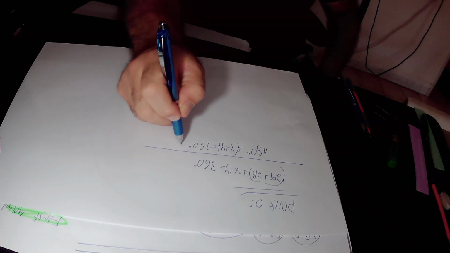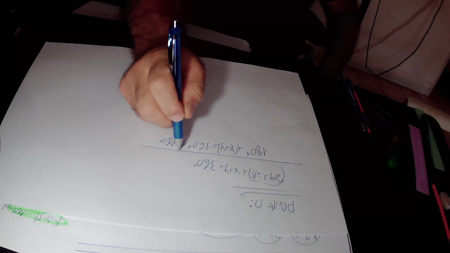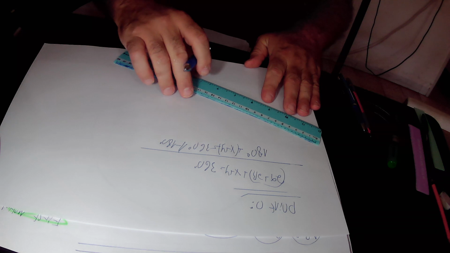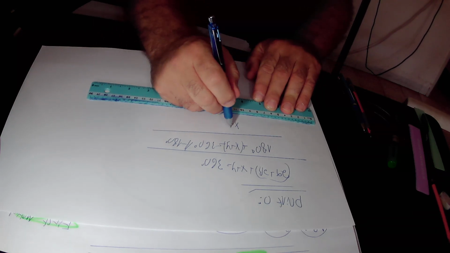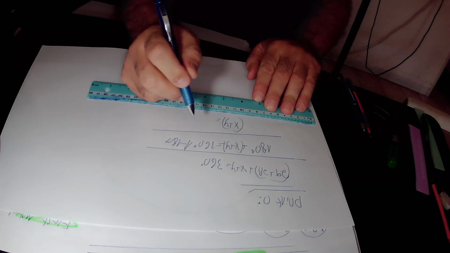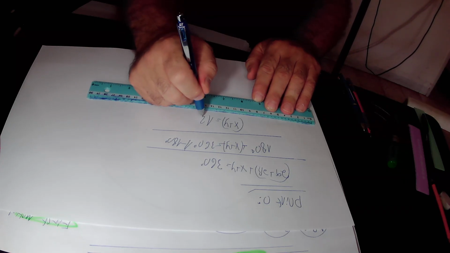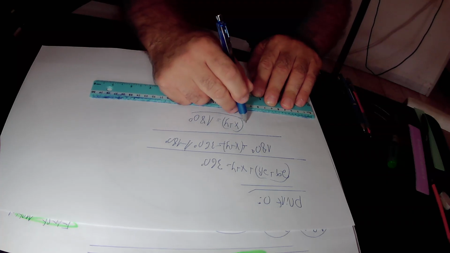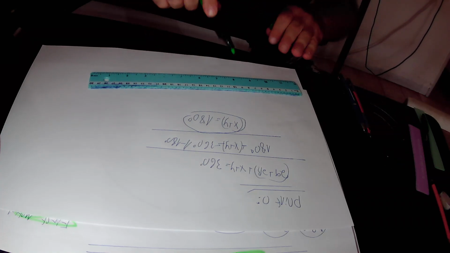Here we subtract 180 degrees from the equation, and we get that x plus y equals 360 degrees minus 180 degrees, which is 180 degrees. So in total, x plus y equals 180 degrees.